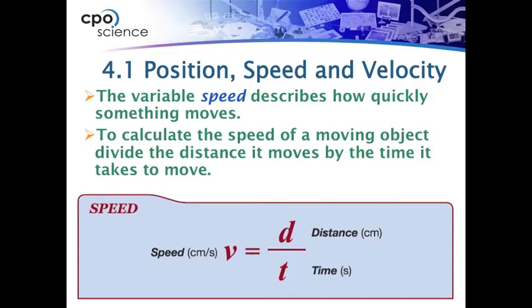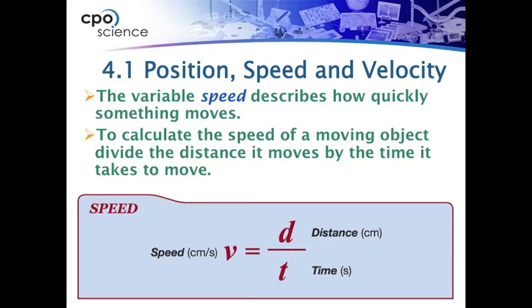The variable speed describes how quickly something is moving. And all you need to know to figure out how fast an object is moving is how far did it go and how long did it take to travel that distance. So you'll notice the equation v equals d over t.